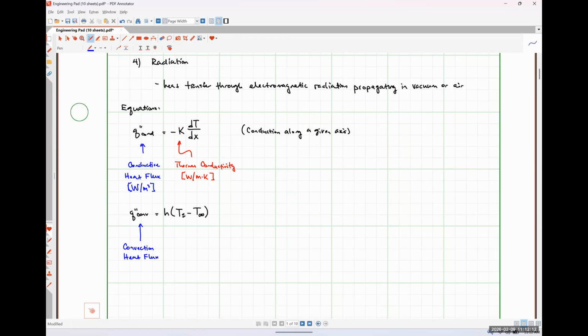Once again, measured in watts per meter squared. This H right here is the convective heat transfer coefficient, measured in watts per meter squared Kelvin.